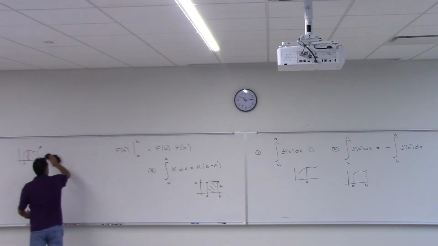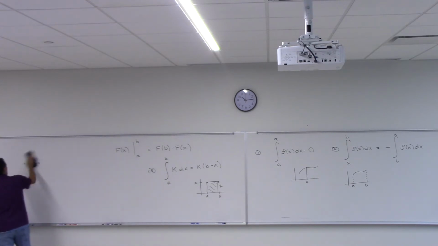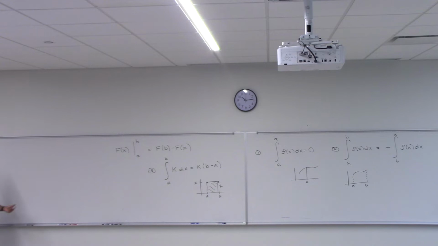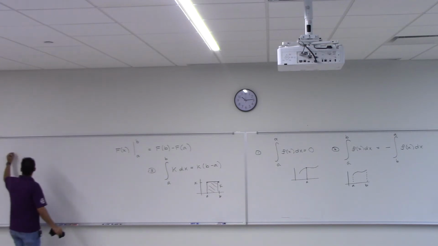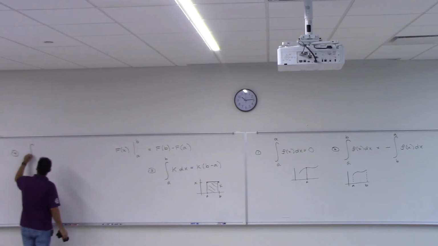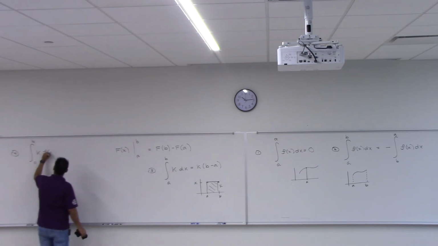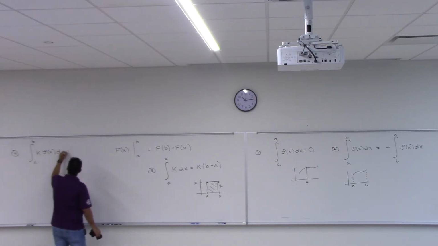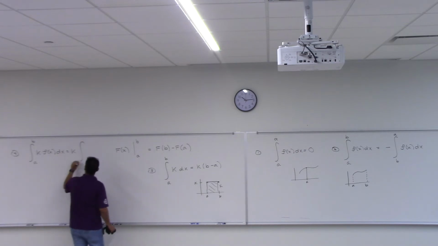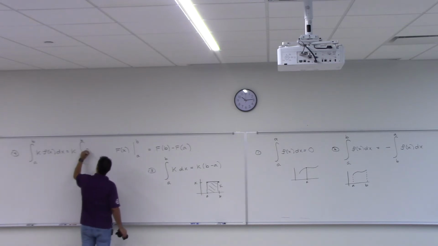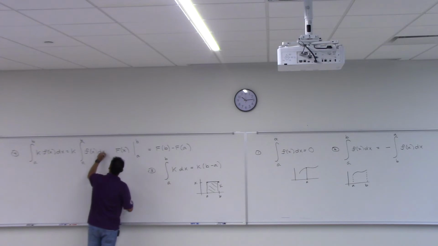You can take constants out. And we've been doing that the whole time, right? The whole time we've been doing antiderivatives, that's the case. So for property 4, the definite integral of k times some function of x is equal to k times the integral from a to b of f of x dx.